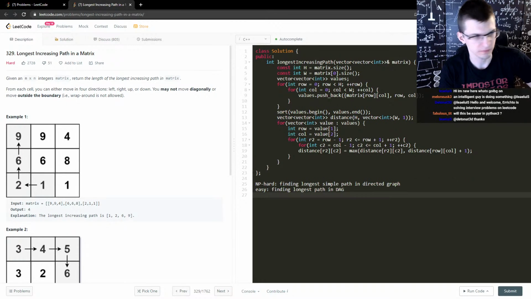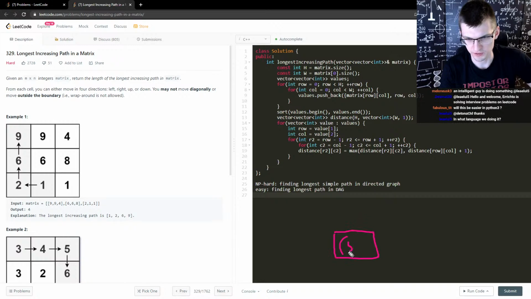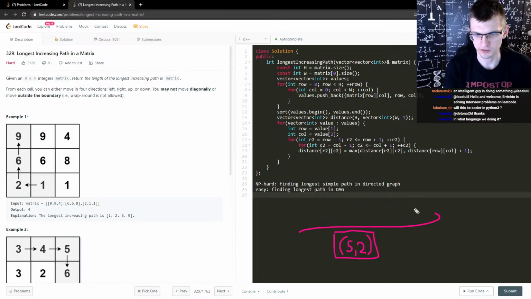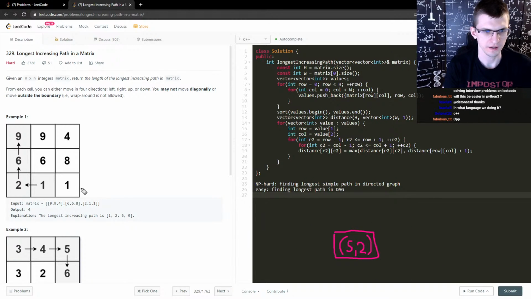If I'm looking at some cell with coordinates 5, 2, then by iterating over rows from smaller by 1 up to greater by 1, I iterate over this row and this row. Same with column, this and that. So it turns out that I iterate over a square of 9 cells.